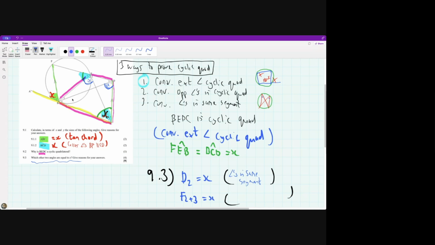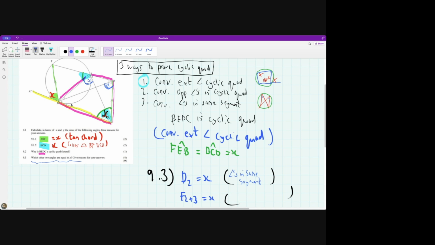All right, now we need to find which two other angles equal to X. Is there another thing that we can use here? Exterior angle, that's equal to X. I suppose we've used that one. I think we've got all of them. Is there anything that I'm missing? Find two other angles equal to X. We've got that's X, that's X, that's X. I think that's it.